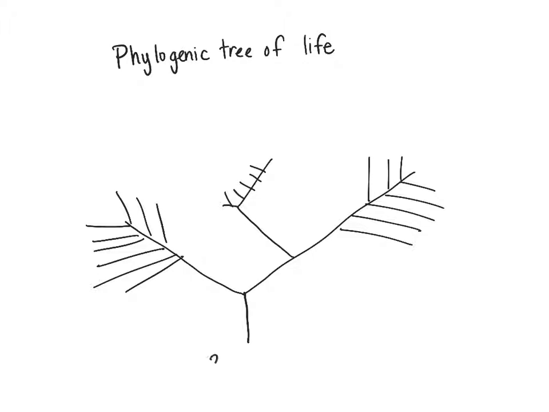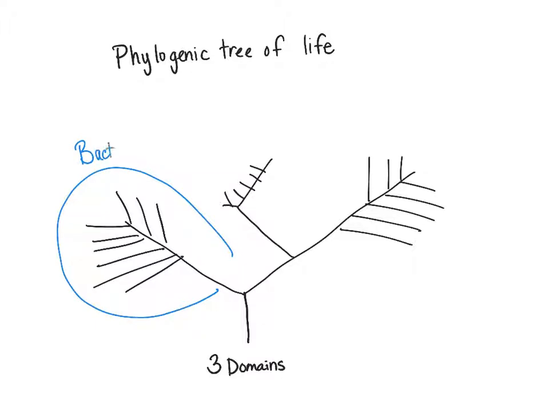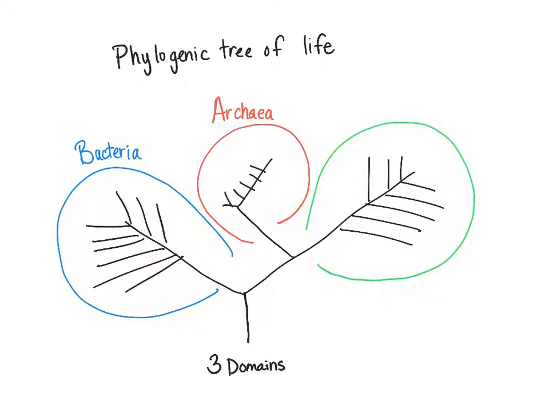But basically, we're branching it out and separating it into the 3 domains. So we have 3 domains of life. This branch over here is bacteria. So bacteria is one domain of life. This branch right here is archaea. And then this branch over here is eukaryota.